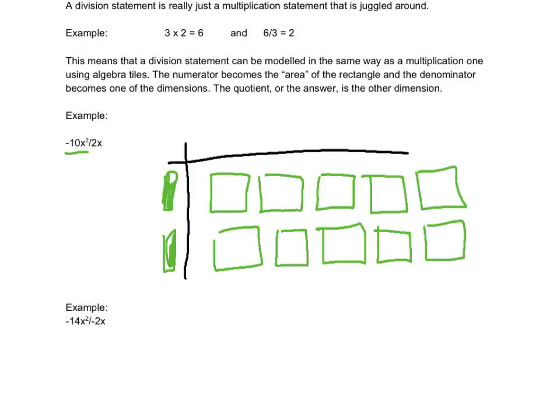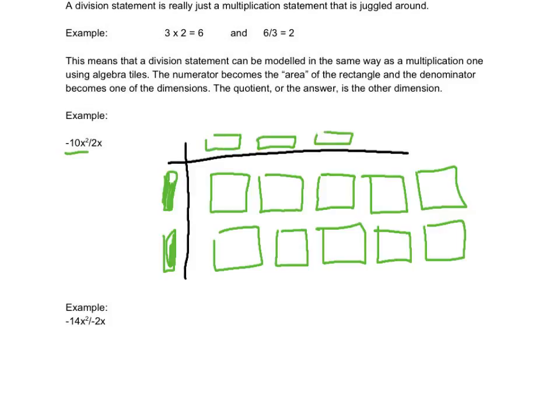Now, I've got to think, what happens when we take a negative and divide it by a positive? What sign is the other dimension going to be, positive or negative? Well, if we begin with a negative and we're dividing by a positive, the numbers along the top are going to be negative, and we just fill it in.